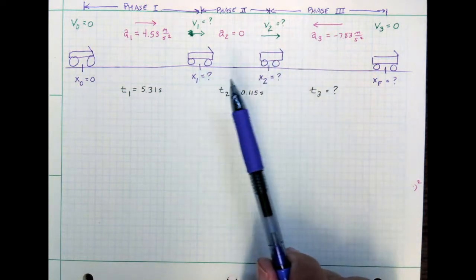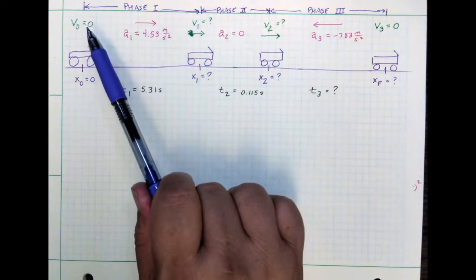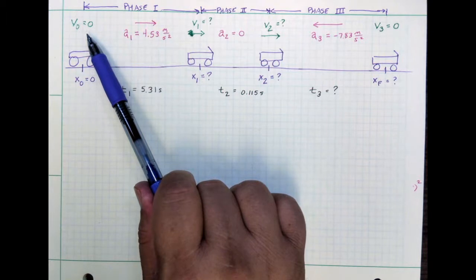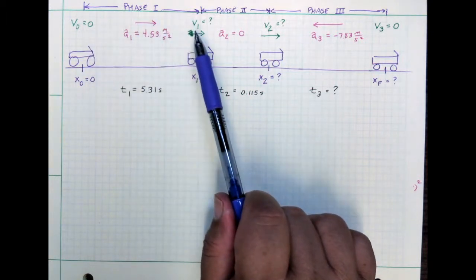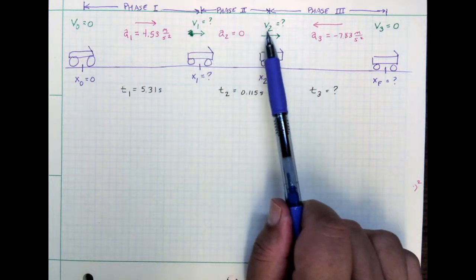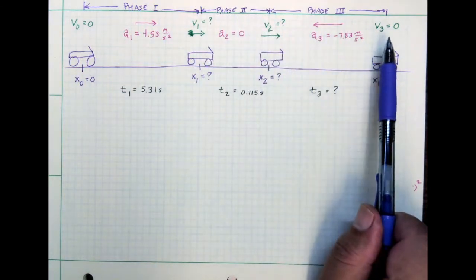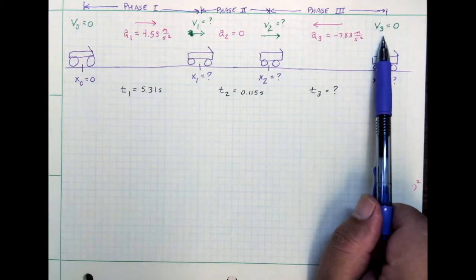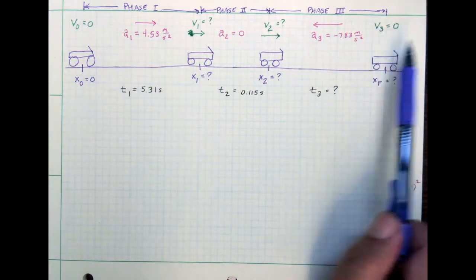We also note the velocity at certain key times, the velocity being 0 at the beginning, some intermediate velocity at the end of phase 1, another intermediate velocity at the end of phase 2, and then, of course, the final velocity, when we come to a stop, that's 0.